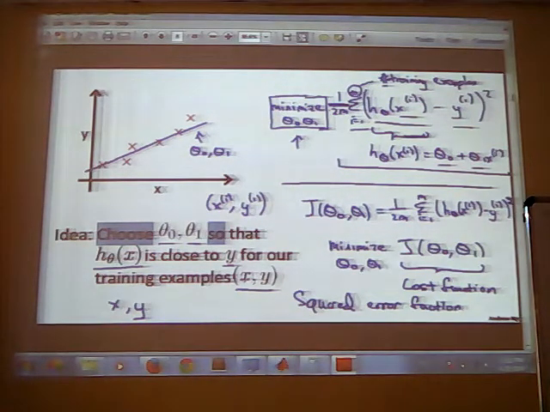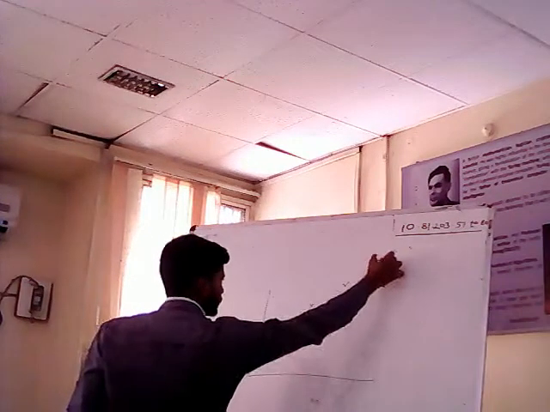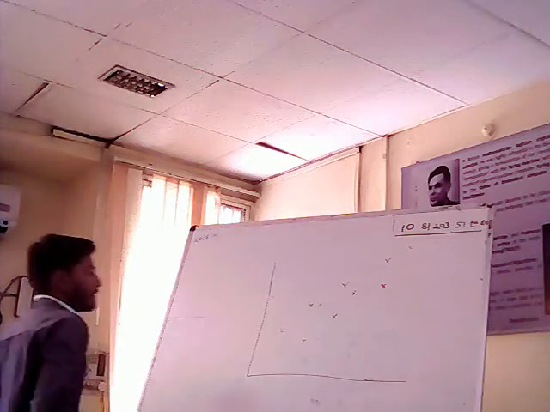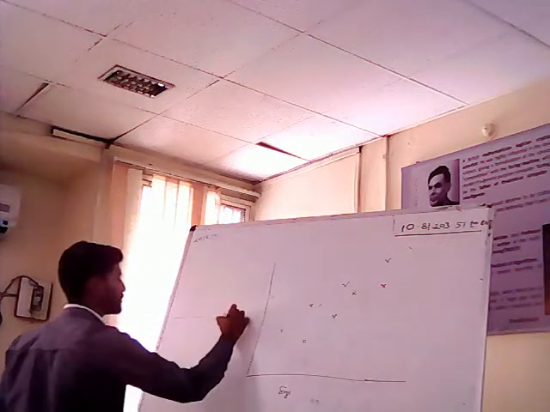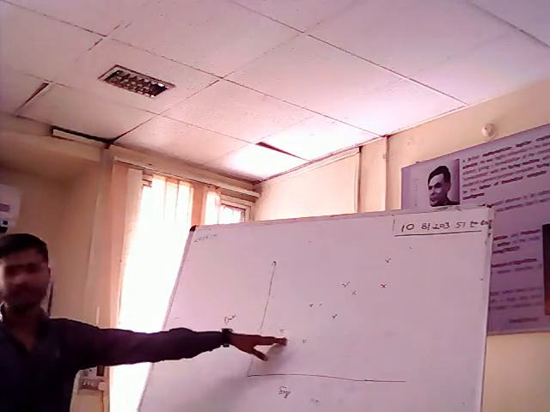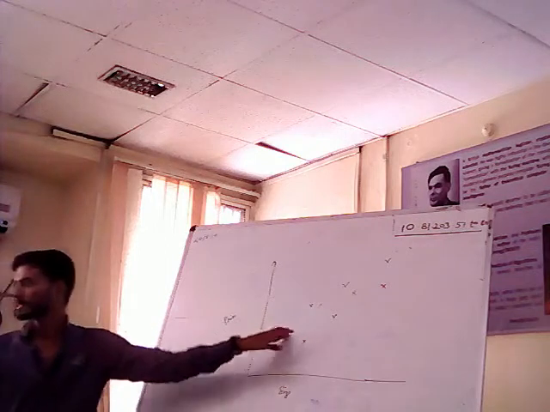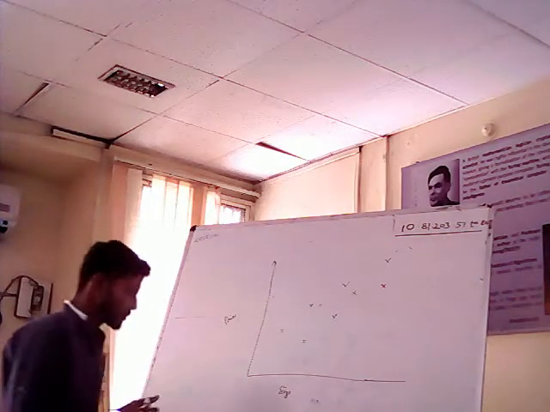So we are going to use theta 0 and theta 1 such that h of x should be close to y. h of x is your calculated value of y. It should be equal or similar to the given value of y.